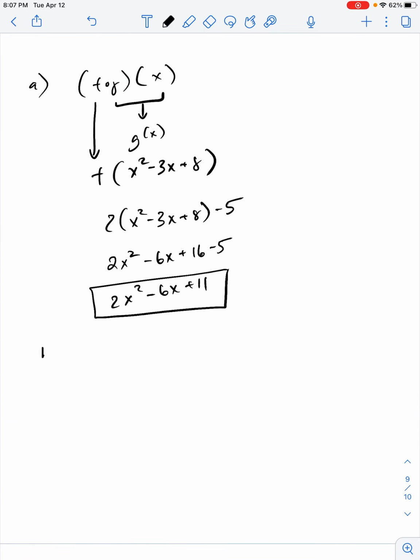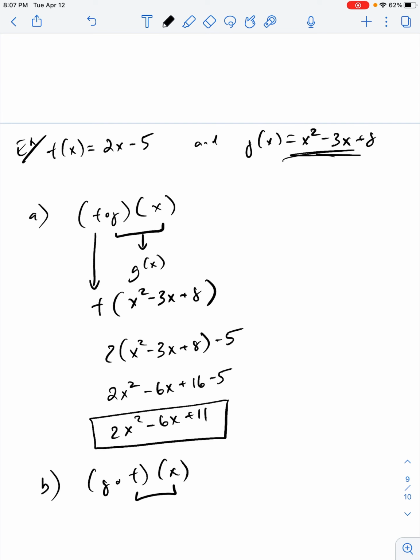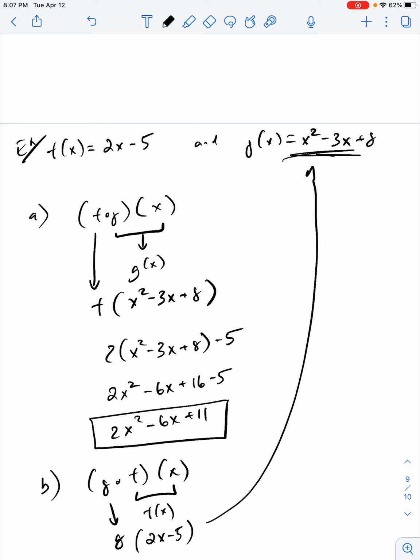Where, if it was the other way around, g circle f of x, we're doing the f of x first, which is 2x minus 5. And that entire thing gets plugged into g, which would be a little bit more work because notice that we have both of those x's there.